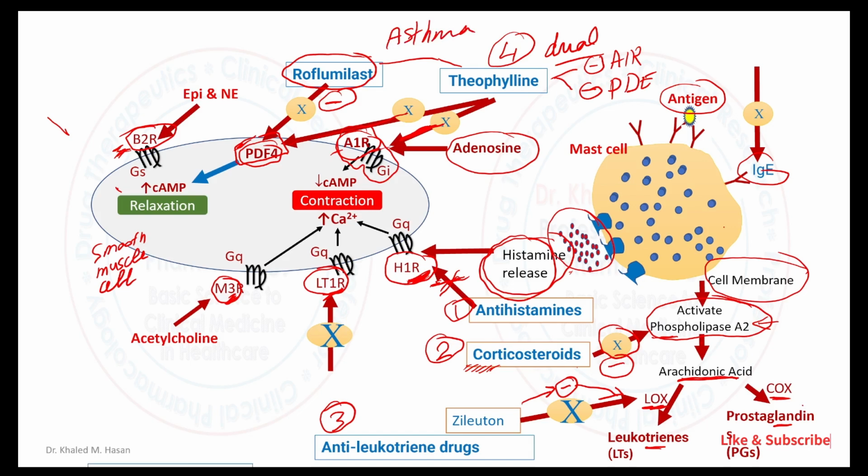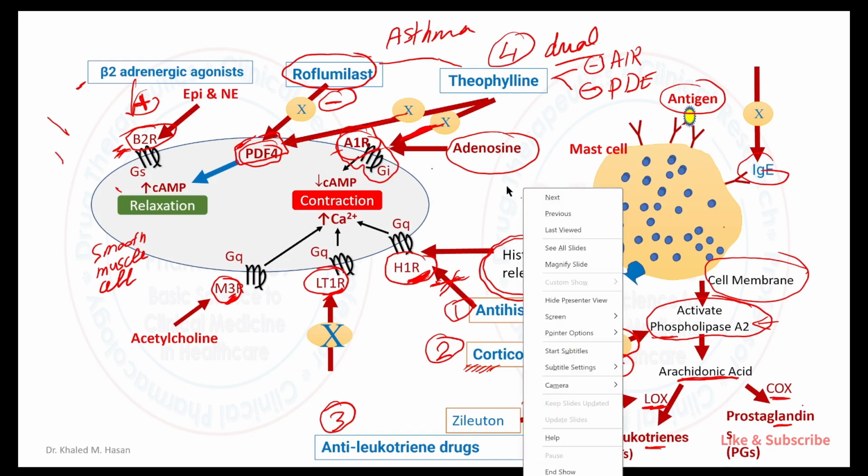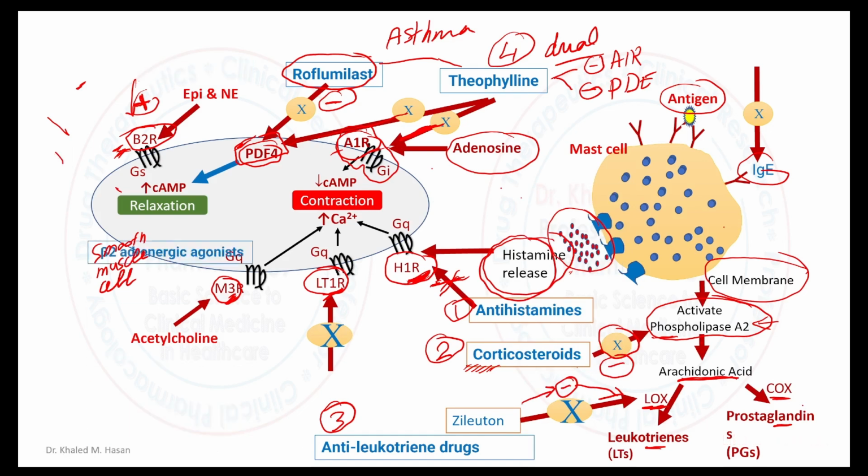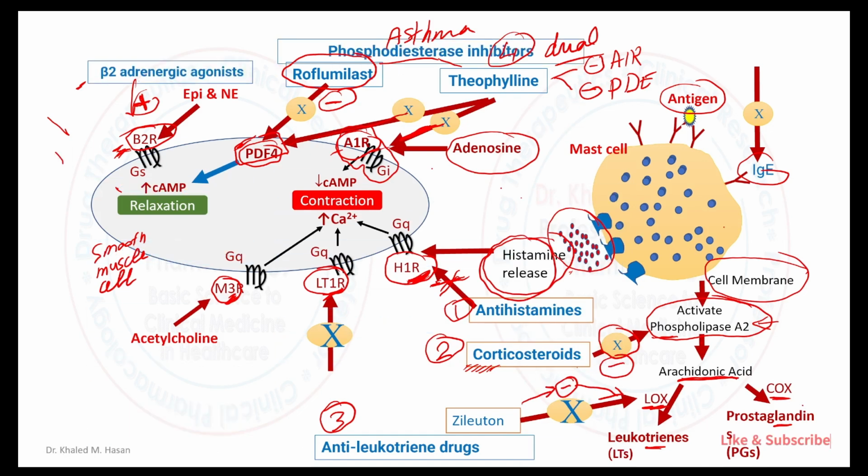Okay. Another group of medication we are familiar with is the beta 2 adrenergic agonist. This medication activates the beta receptor, for example albuterol.